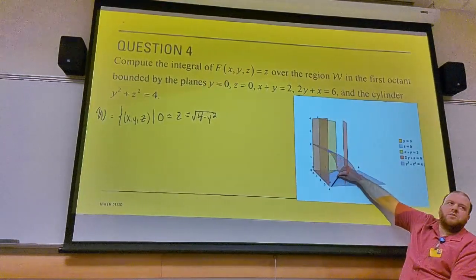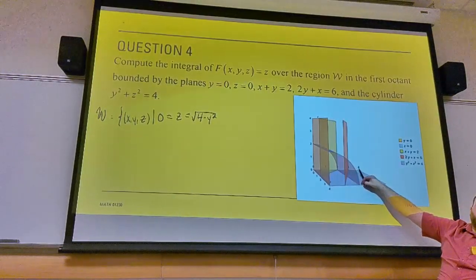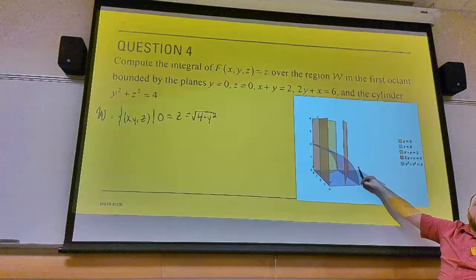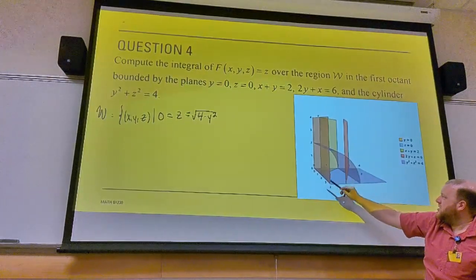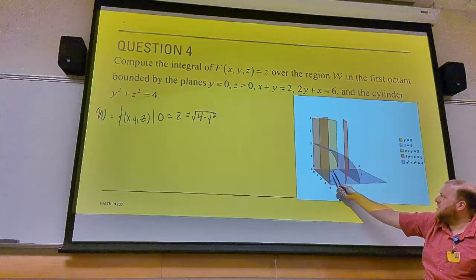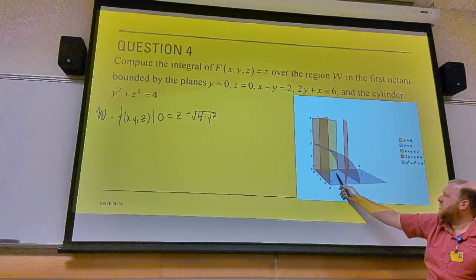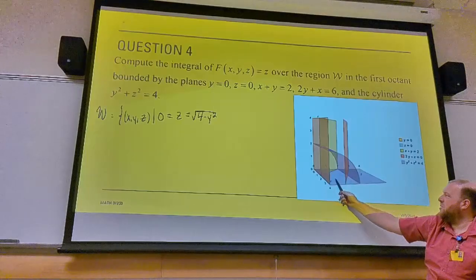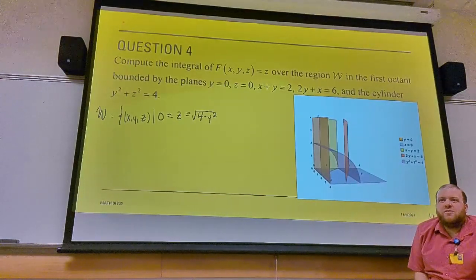This is X. This is Y. So notice what's going to happen with Y as you move. You can have at least 2 triple integrals.